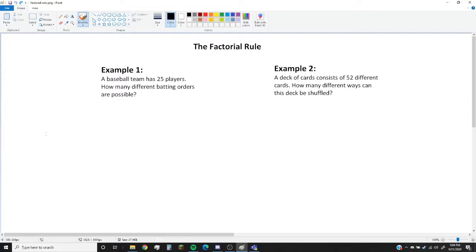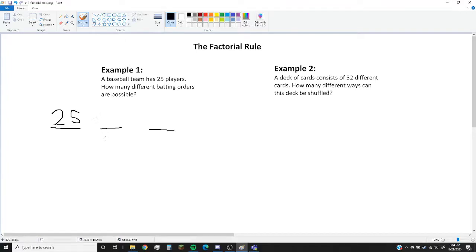In the counting rule problems, remember we had different slots for the outcomes in each individual thing. For the first slot in this batting order, we've got 25 different options of people to choose. So we can choose one of those 25 to be the first in the batting order.